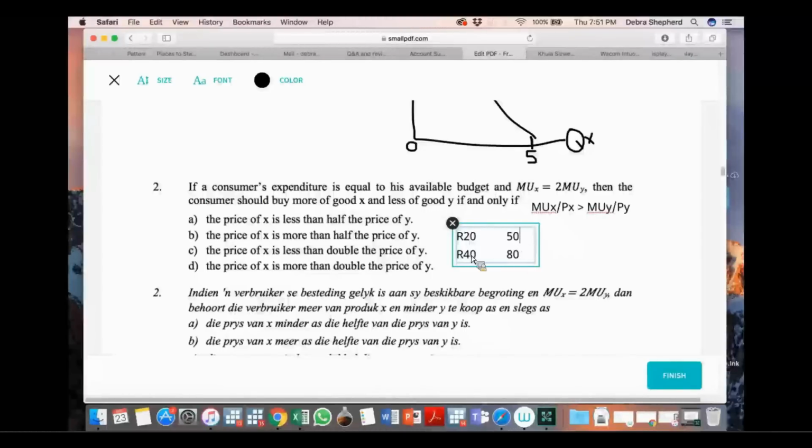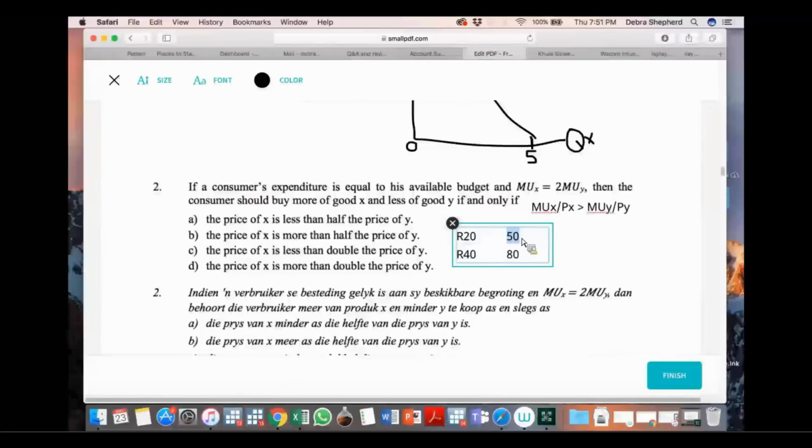So you have these two conflicting outcomes depending on whether you're using price to compare or utility to compare. And that is why we use both. And that's why we have to use marginal utility divided by rand in order to decide whether or not a consumer should buy more of one thing or more of another.